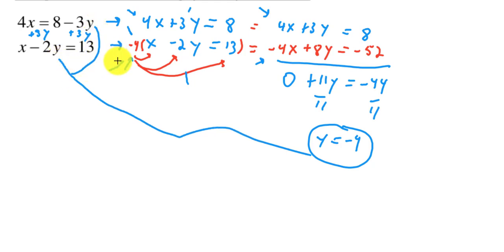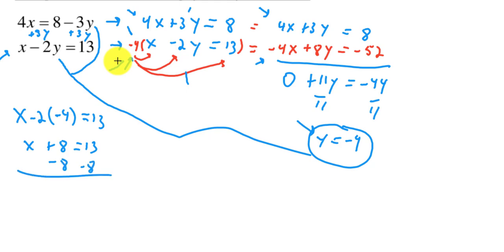Right, so I'm going to use this bottom equation, and I'll write x minus 2 times, instead of y, I put in negative 4, because y equals negative 4, equals 13. So now I have x plus 8 equals 13. Subtract 8, I get x equals 5.